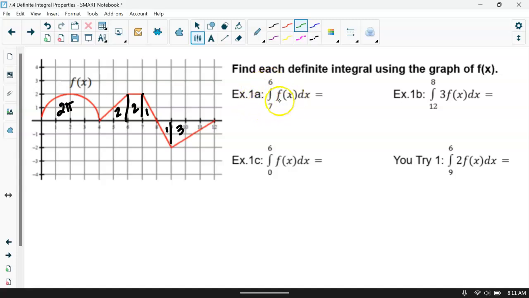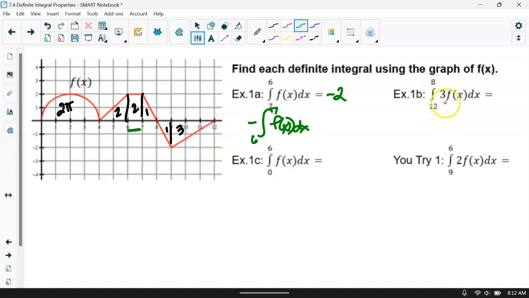So here the area of 6 to 7 is 2, so 7 to 6 is negative 2. So again, we're taking the negative of the original integral, the area under the curve. So again here, same thing. We're going 12 to 8, which is our reversal.